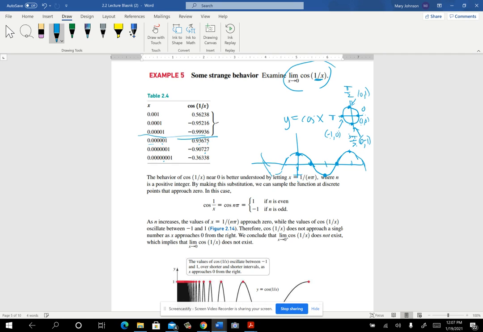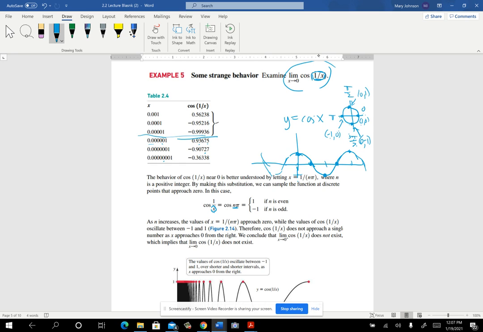Let's make the 1 over x turn out to be something that we know the value of easily. And so they made a substitution. They let this inside turn into cosine n pi by plugging in 1 over n pi for x, which turned the problem into cosine of n pi. It's just rewriting it so you can understand better what's happening.